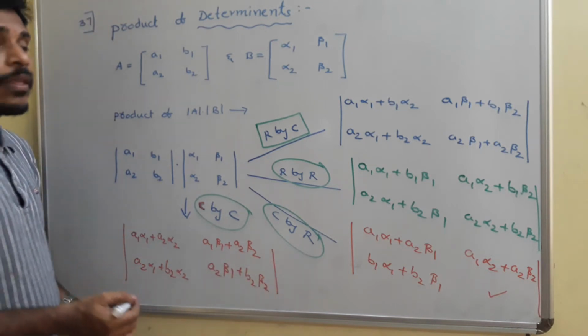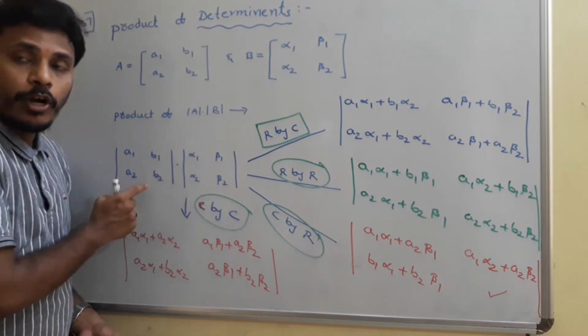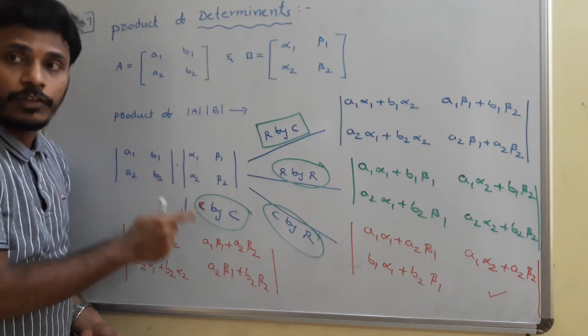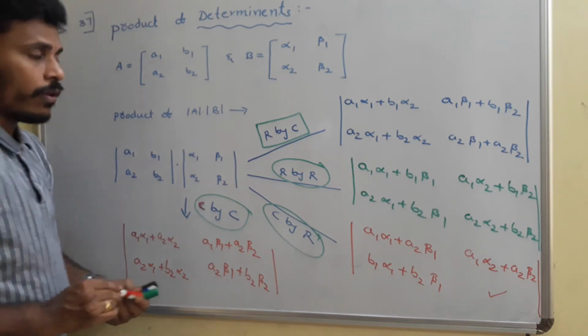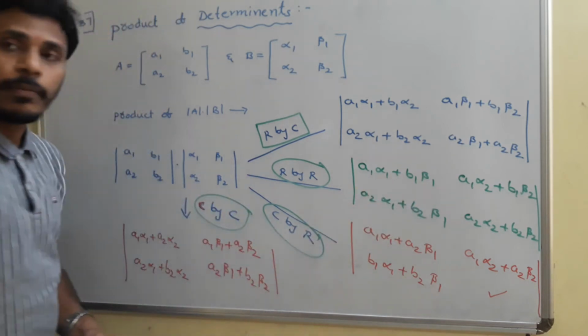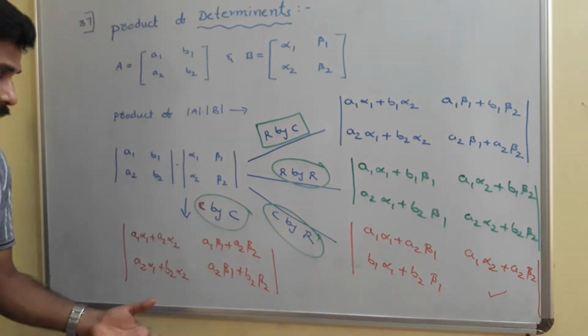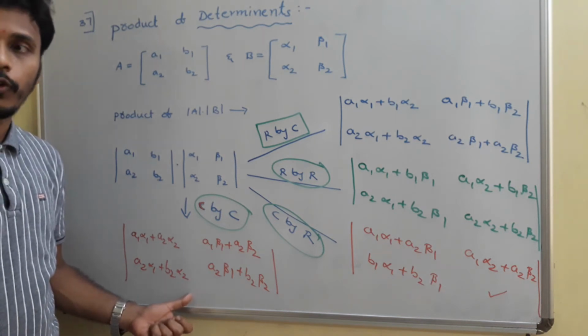Just have a look. You just calculate this determinant and this determinant. The product of these two determinants is equal to the determinant of this first matrix, and it is equal to the determinant of the second matrix, the third matrix, and the fourth matrix.